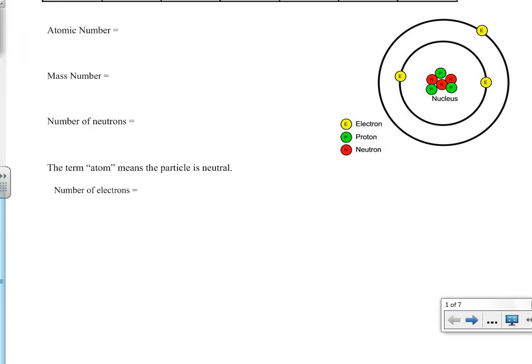Atomic number is defined as the number of protons in an atom. If you were to look at a periodic table, each of the element boxes has a whole number associated with it, a unique whole number associated with it.